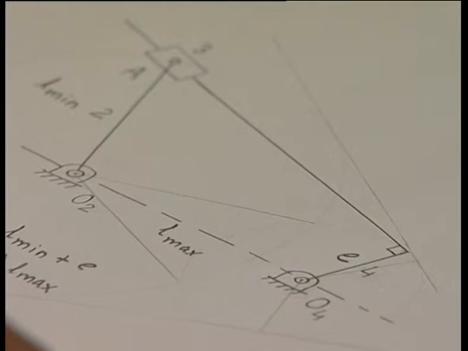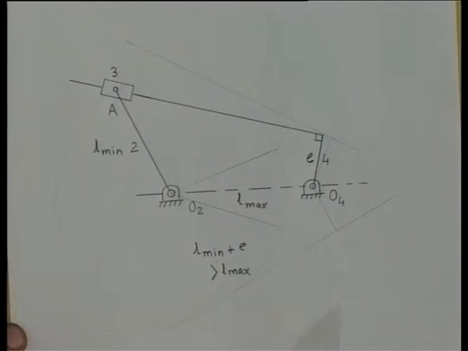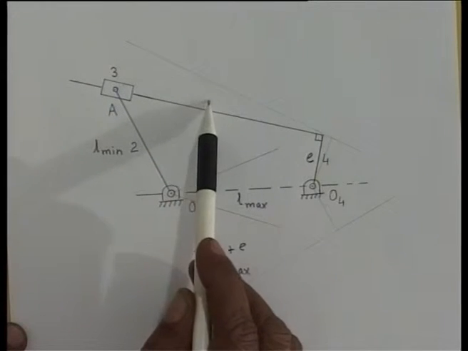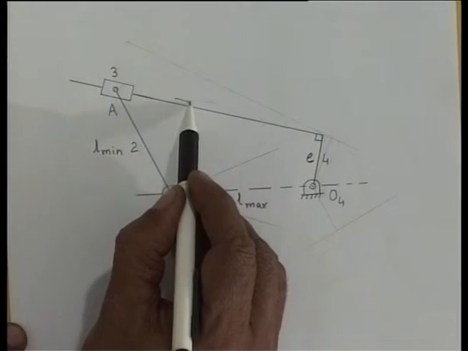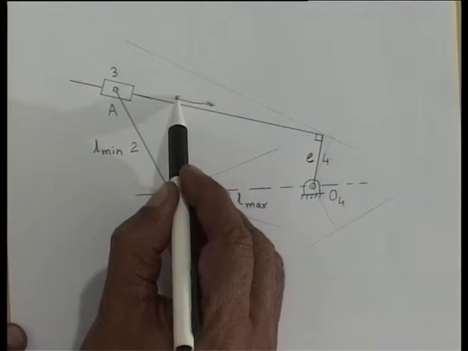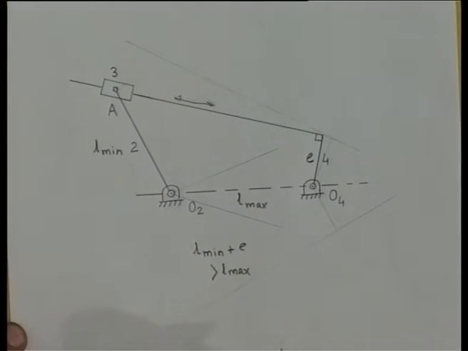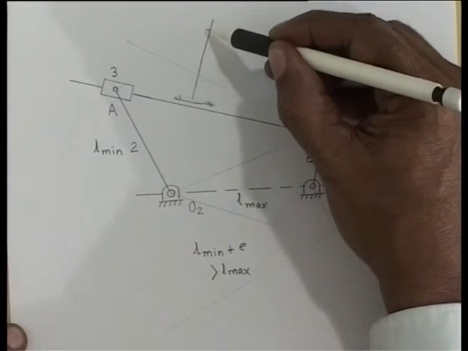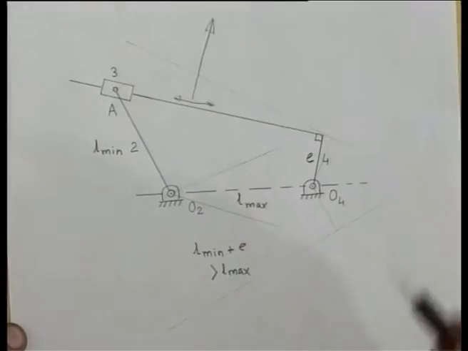To solve this problem, let us imagine the equivalent 4R mechanism, that is, the prismatic pair between link 3 and 4 in this direction. Let us replace it by a revolute pair at infinity in a direction perpendicular to this direction of sliding.